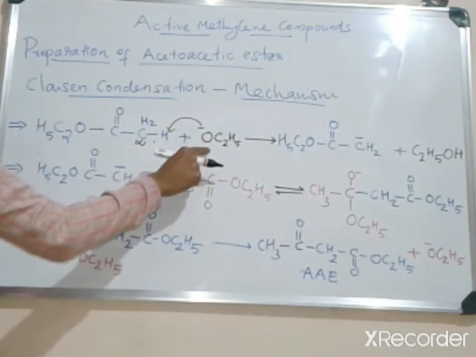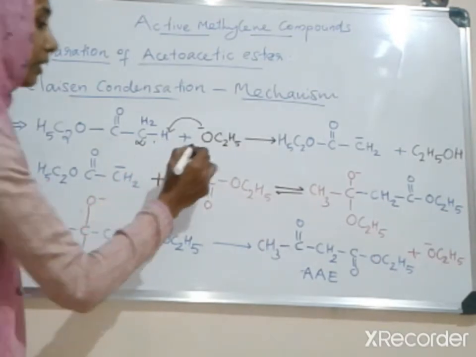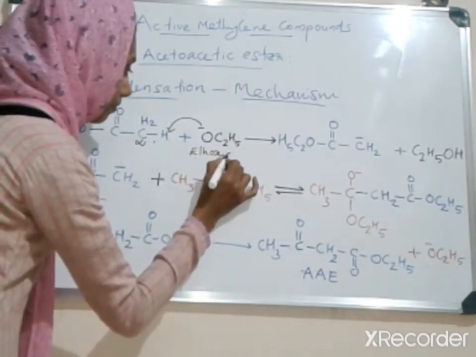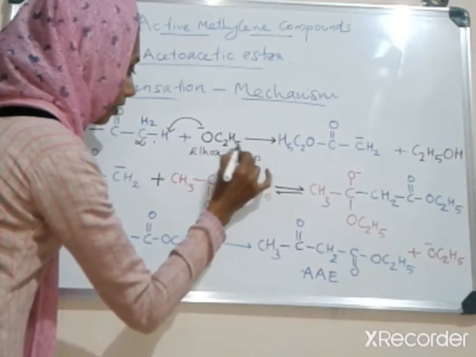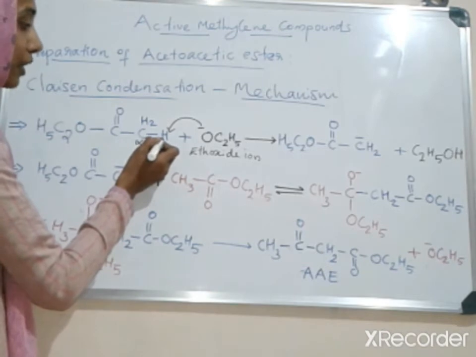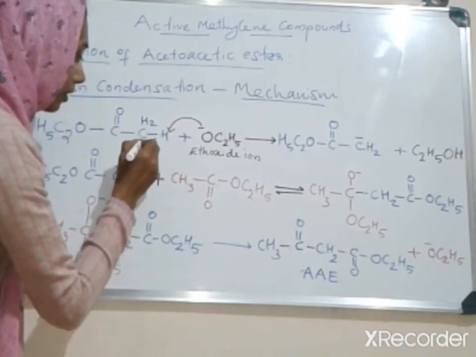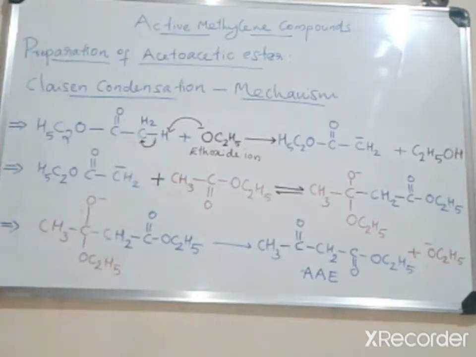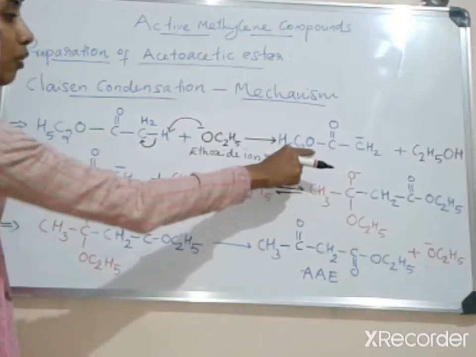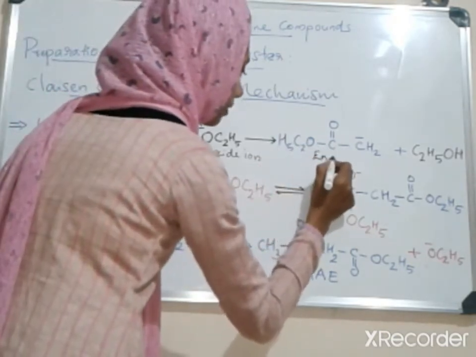The ethoxide ion abstracts this alpha hydrogen, and at the same time the carbon-hydrogen bonded electrons shift to the carbon atom and form CH2 minus C=O-OC2H5. This is the enolate anion.